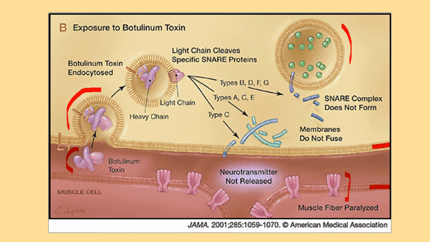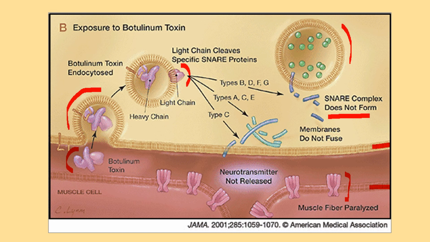So our cells get tricked into pulling this botulinum toxin inside. And then once this toxin is inside our cells, pieces of the toxin, and there are different forms of botulism toxin, types B, A, C, etc., they all, in one way or another, interfere with the snare complex.